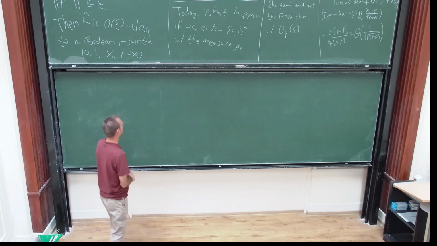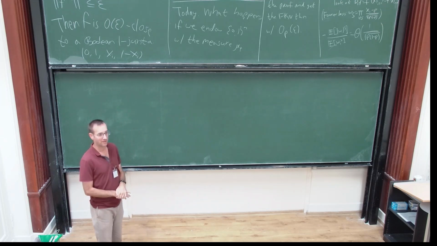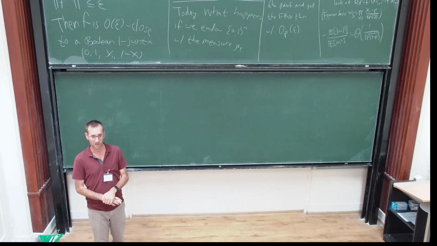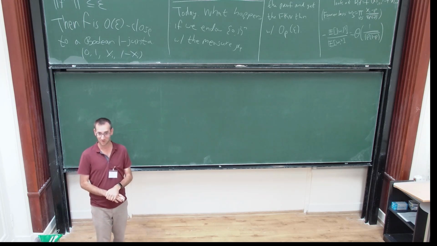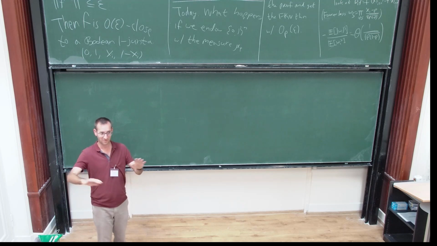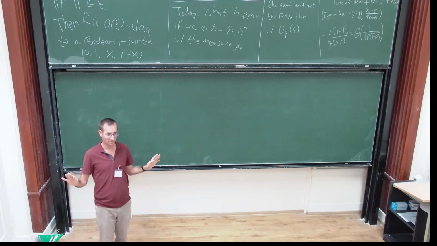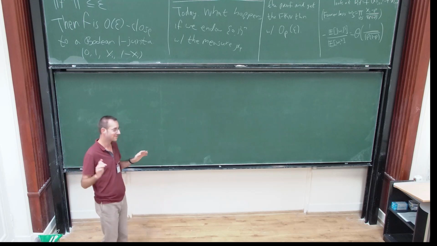Okay. So now let's see what happens when p is close to 0 or 1. We always consider the case when p is close to 0. From now on, we're always going to assume that p is at most 1/2.